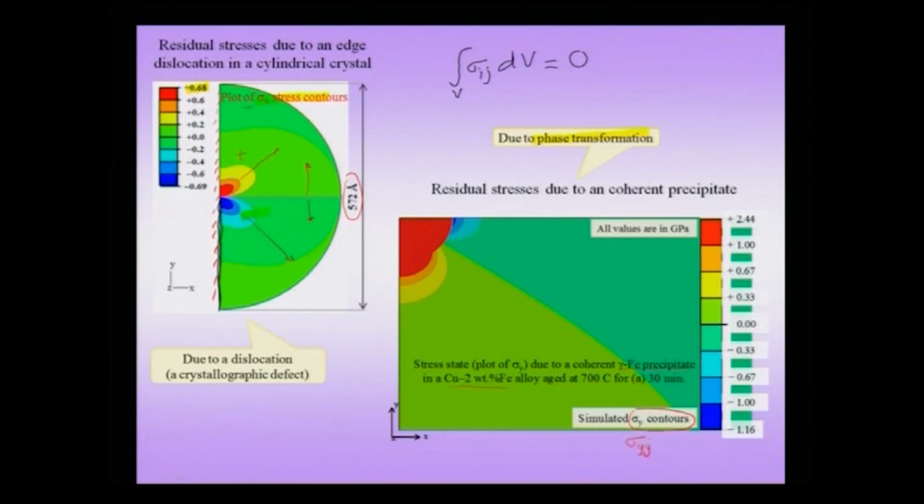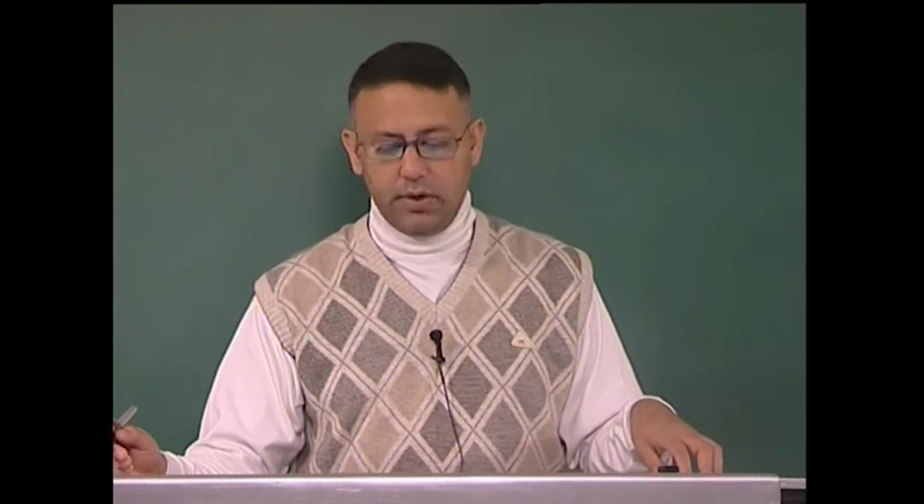You see that regions of the matrix have been stressed in a tensile fashion, and there are other regions in the matrix which are in compressive stress. But the important thing to note again is that in the entire body there is a stress field, which means that not only the precipitate is stressed, but also the matrix is stressed, and this stress field of the precipitate can have considerable influence on the way the precipitate interacts with other defects in the material, like an edge dislocation sitting in the matrix.